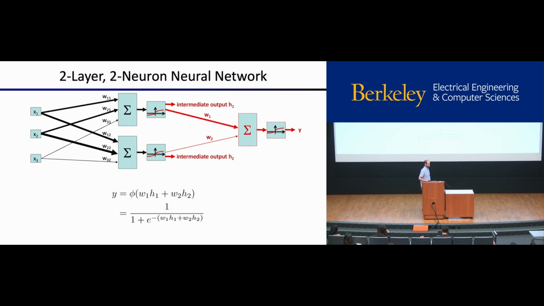In this particular case, would it be arbitrary? In the second layer there's only one neuron, and that results in y.